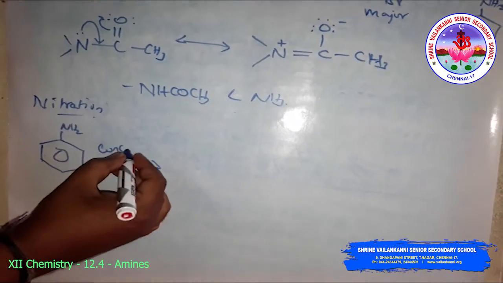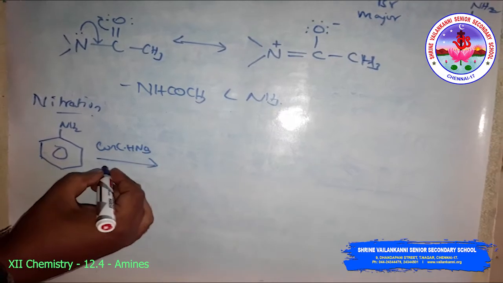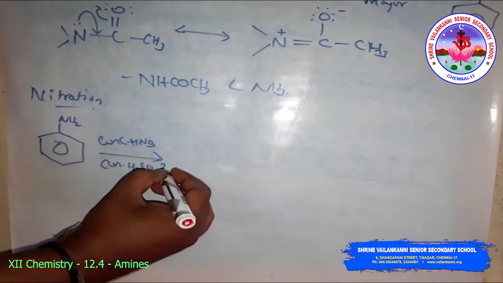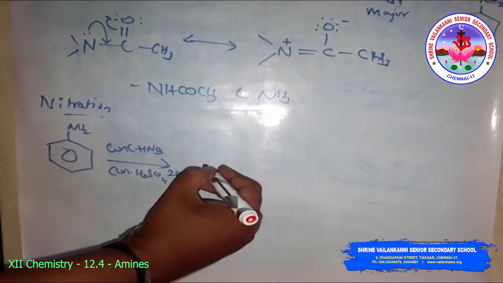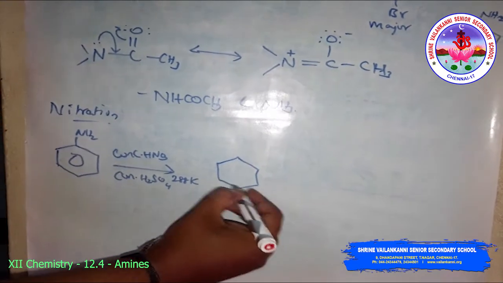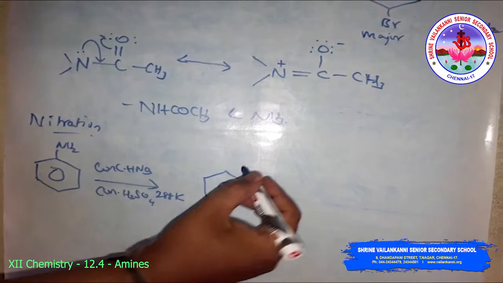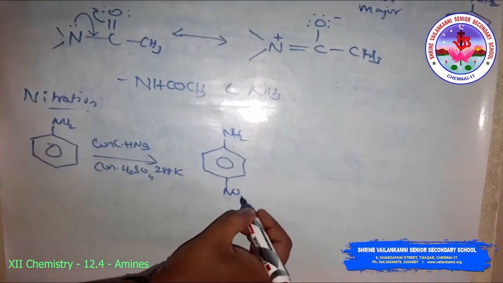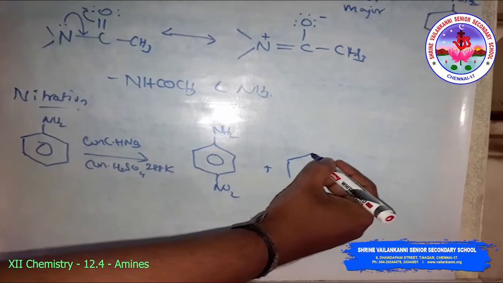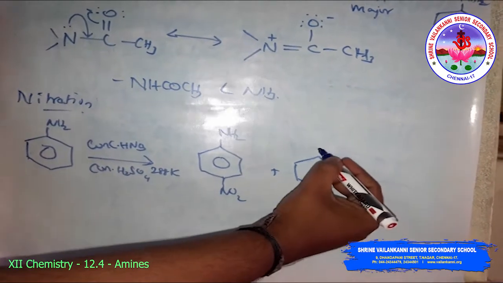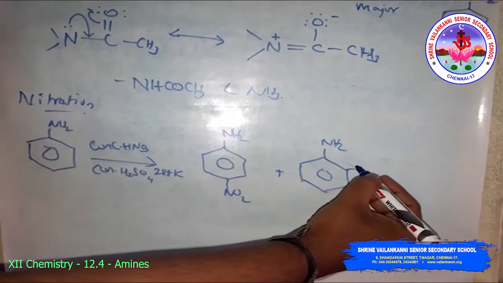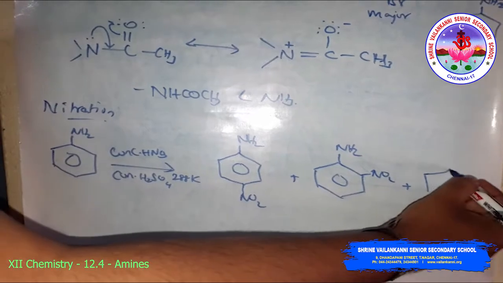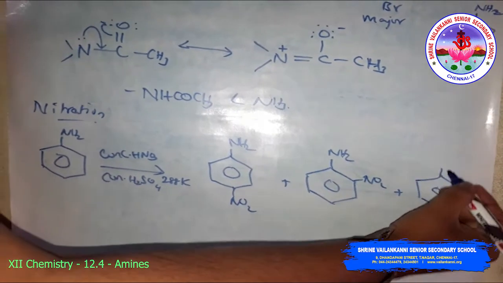three products, that is ortho, meta and para products: para-nitroaniline, meta-nitroaniline and ortho-nitroaniline. Here para-nitroaniline is 51% of the product yield, ortho-nitroaniline is 2%, and meta-nitroaniline is 47% of the yield.